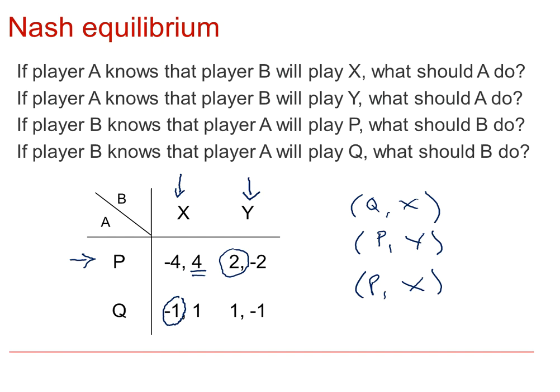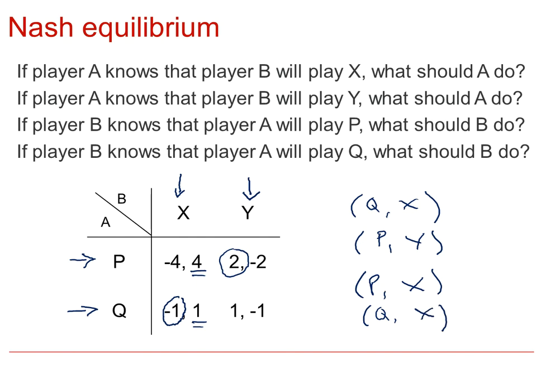If B knows that A will play Q, then we would have a choice between 1 or -1, and B would choose to win 1 rather than lose 1, giving us QX.